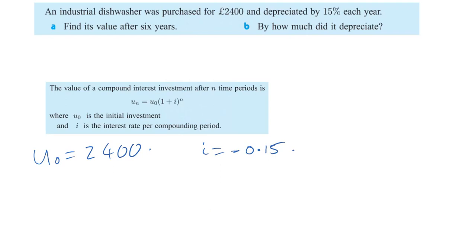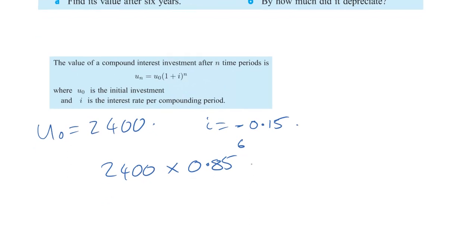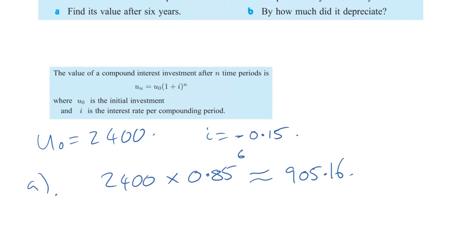You don't need to worry about that particularly though, because what we can just say, and you probably jump straight to this, is it's going to be 2,400 multiplied by 0.85 to the power of 6. I haven't worried about compounding periods because it's just per year, right? So it's going to be the same as the number of years. So if we work that out, we are going to have approximately 905.16. That is our answer to part A.